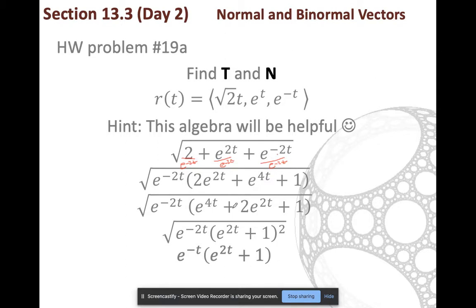Rearranged some terms, thought of this as e to the 2t squared plus 2e to the 2t plus 1. This is a perfect square trinomial from algebra 1.